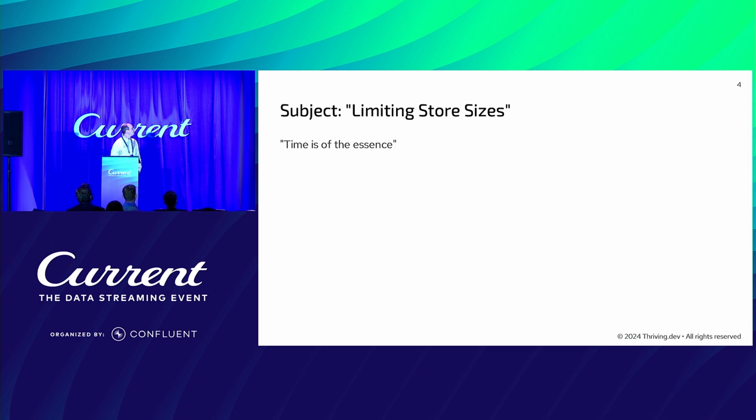So, limiting state store sizes. Like most of the time, everything in stream processing is about time. So time is of the essence. And for certain use cases, data loses relevance over time.